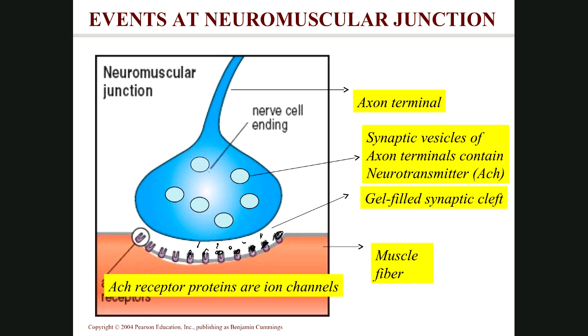The neurotransmitter, by the way, is called acetylcholine, ACh for short. Definitely know that. Acetylcholine is going to be with us this semester to the end and next semester. So don't forget it. Acetylcholine is the name of the neurotransmitter released by somatic motor neurons at the neuromuscular junction.